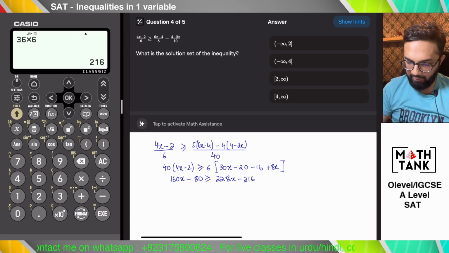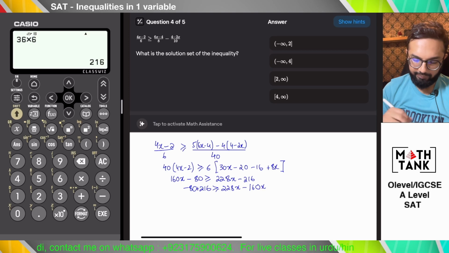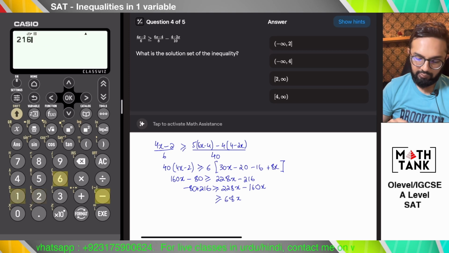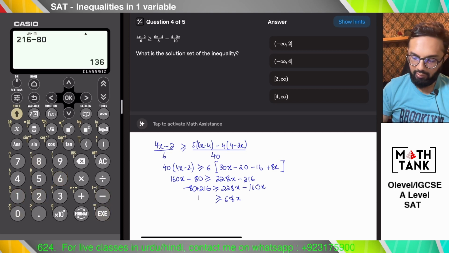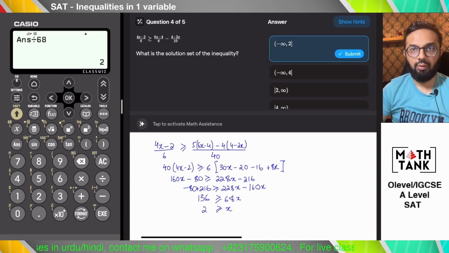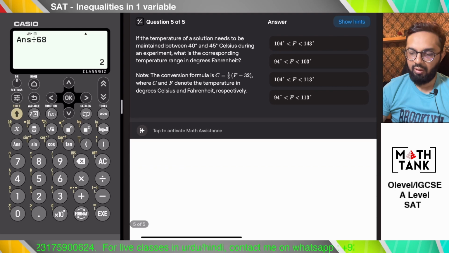So shuffling the numbers around now, minus 80 plus 216, and 228x minus 160x gives 68x. 136 divided by 68, so x is less than or equal to 2. So 2 is the upper boundary, minus infinity is the lower boundary. So A looks like the right answer option. That is indeed correct.